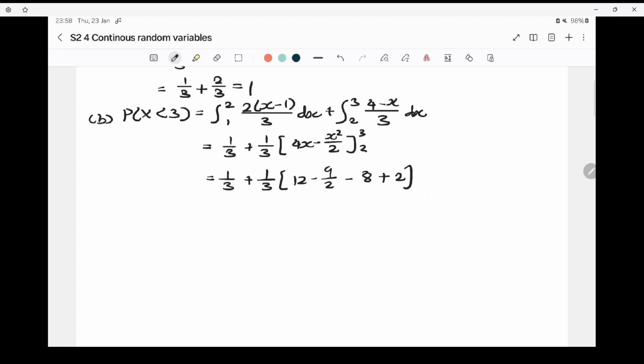So just sum them up. This is 1 over 3 plus 1 over 3 multiplied with 3 over 2. So then you get 1 over 3 plus 1 over 2, which is 5 over 6.